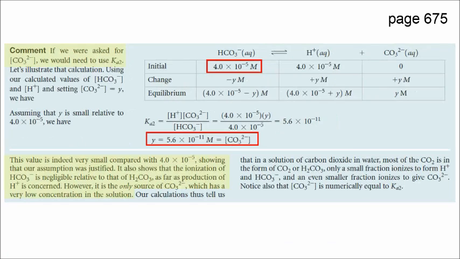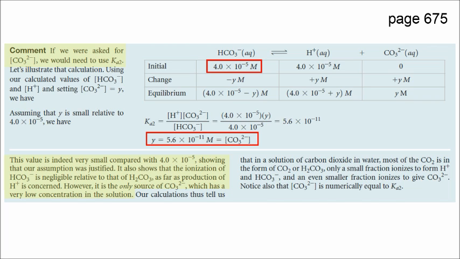Then they go on to calculate the concentration of the carbonate ion, which comes from Ka2, and they mention that this value, 5.6 times 10 to the negative 11, is very small, showing that our assumption was justified that the ionization of HCO3- or hydrogen carbonate is negligible relative to that of H2CO3. However, it's the only source of carbonate ions which has a very low concentration in the solution.